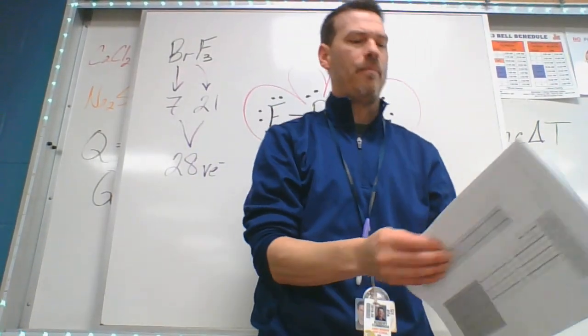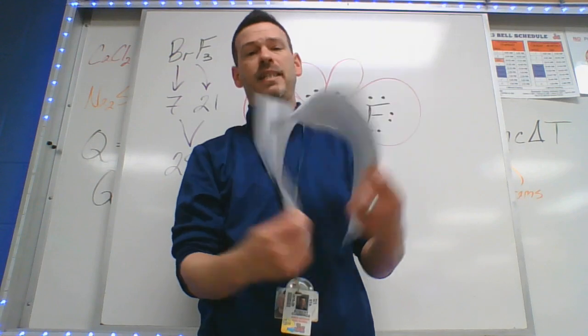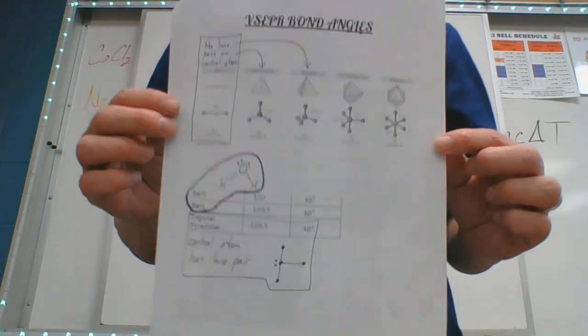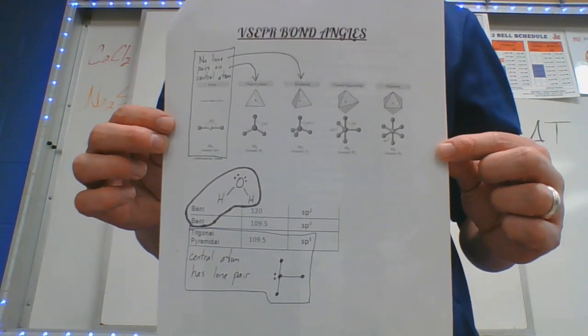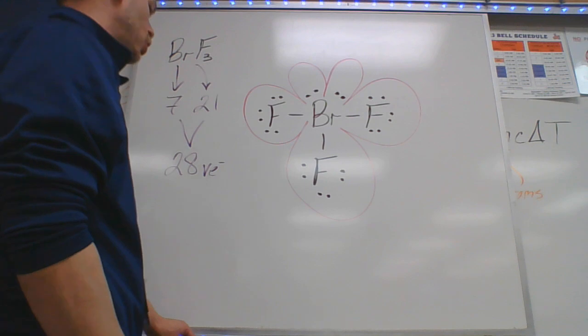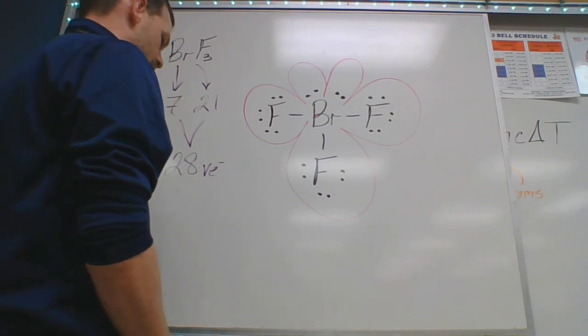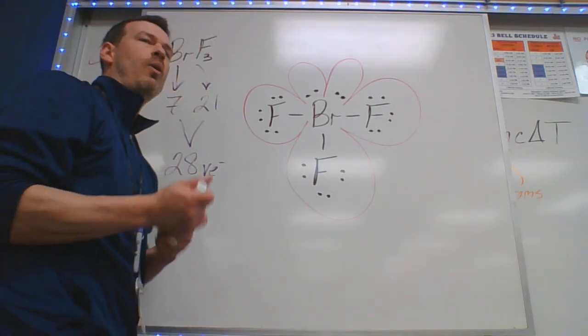Go to the last page, just the other side of it. Back to your shapes that we have dealt with quite a bit. And you will see that if there are 5 regions of electron density, that it is trigonal bipyramidal.